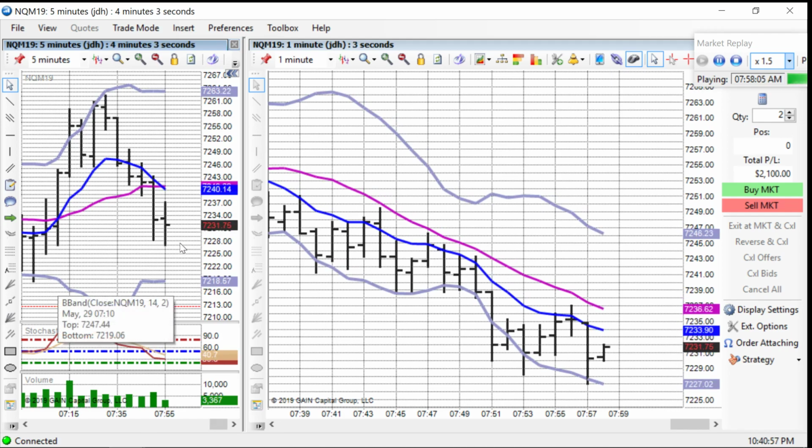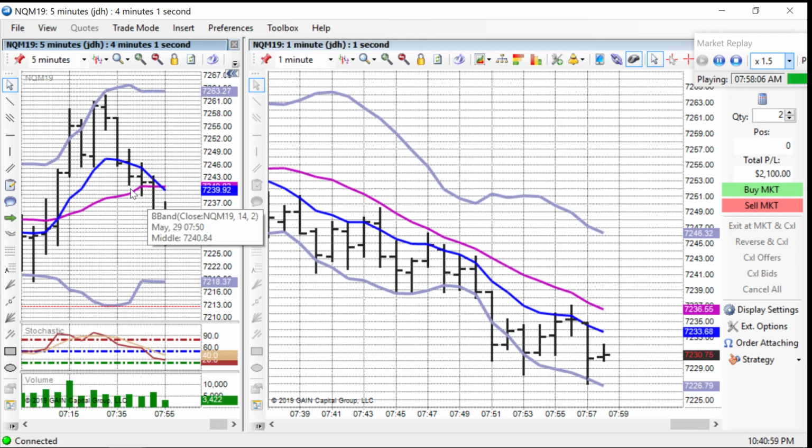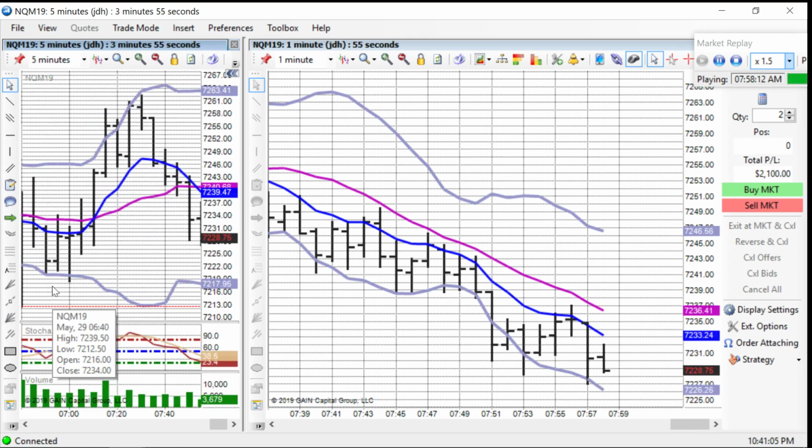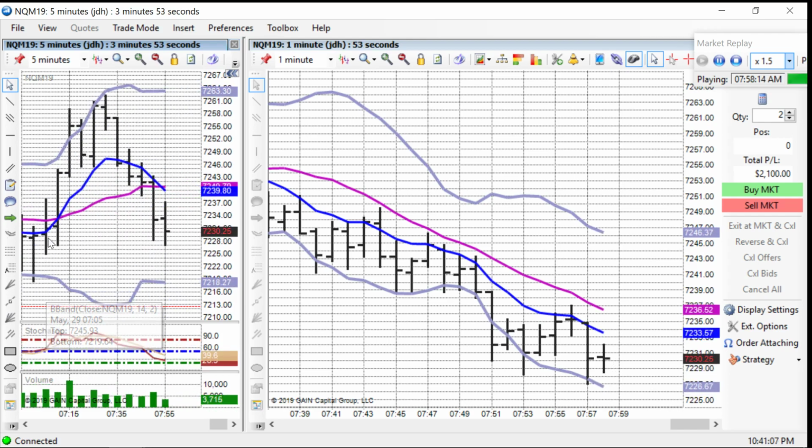So I'm thinking, at this point, we've got probably till at least this, see where the support level is on the 5-minute chart, left to travel in this downtrend.